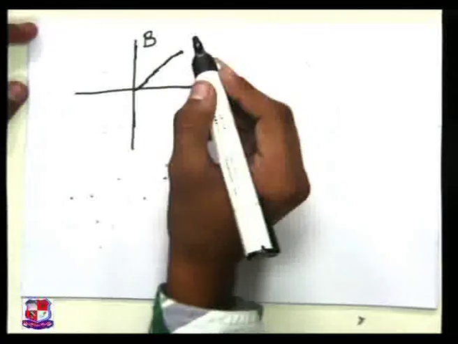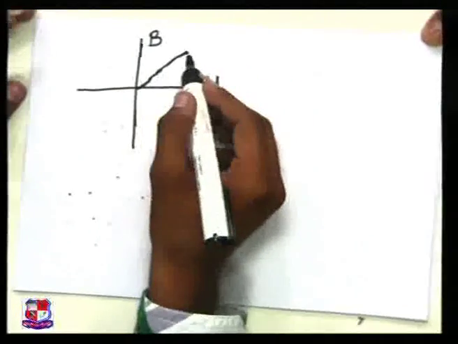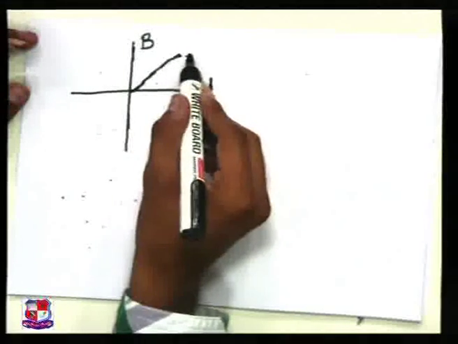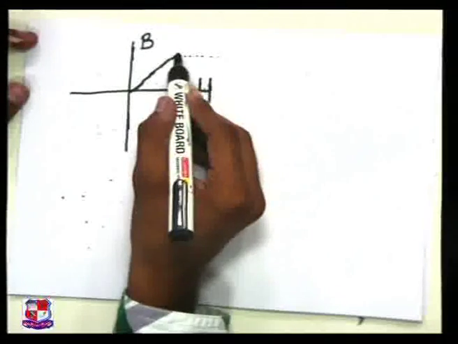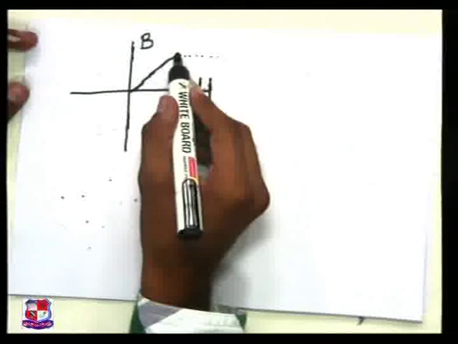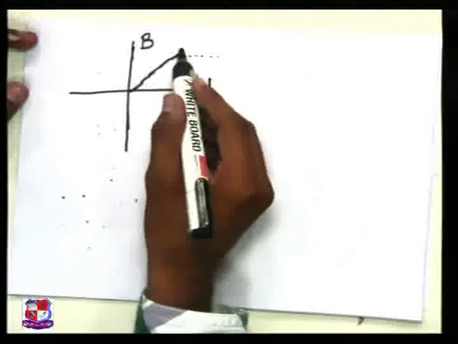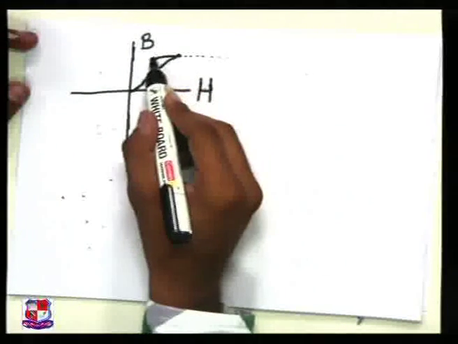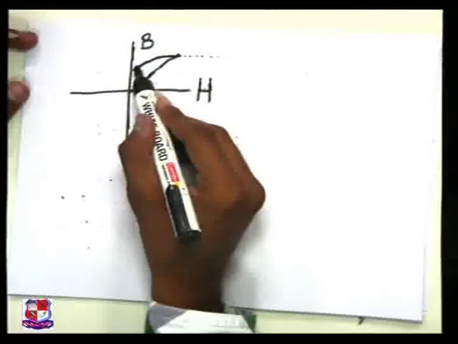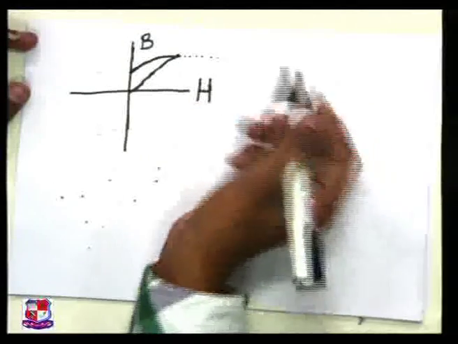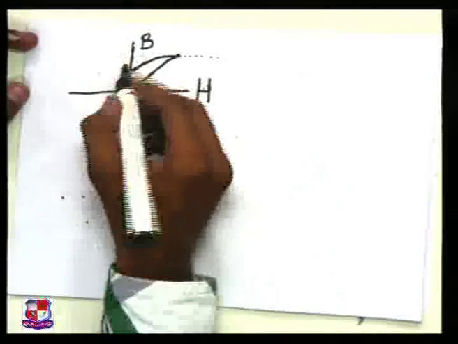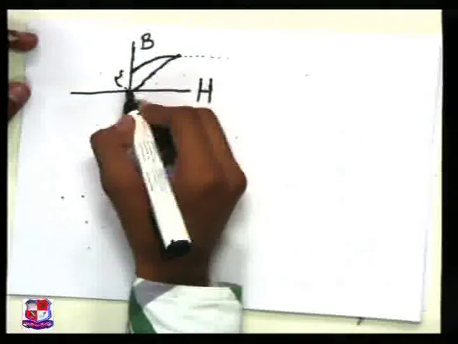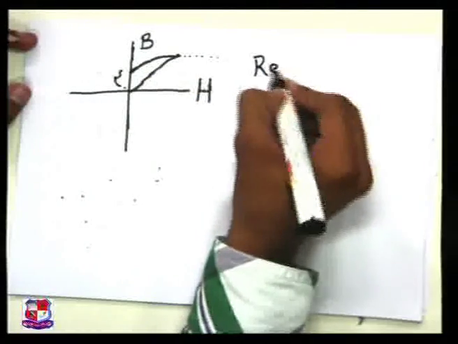At this point B will get its saturation value or maximum value, and after that B will not increase. Then we will decrease the current by simply increasing the rheostat resistance. So here at this point we will get the magnetic intensity 0, but the magnetic density will have some value. So this portion is known as residual magnetism.